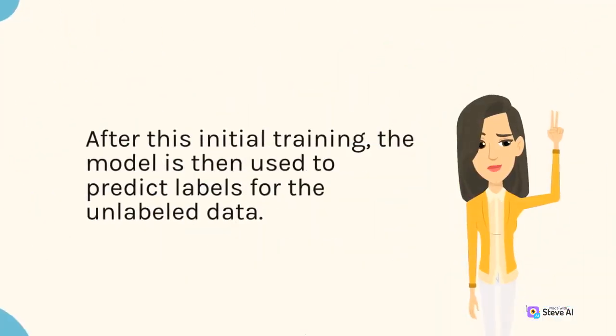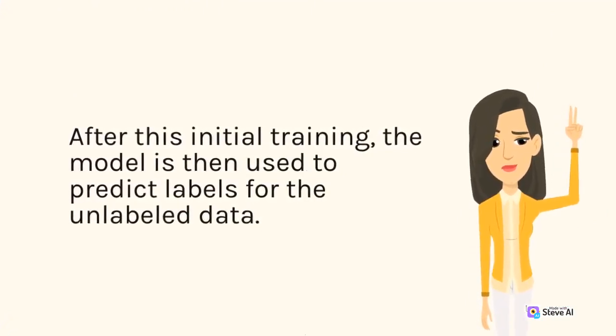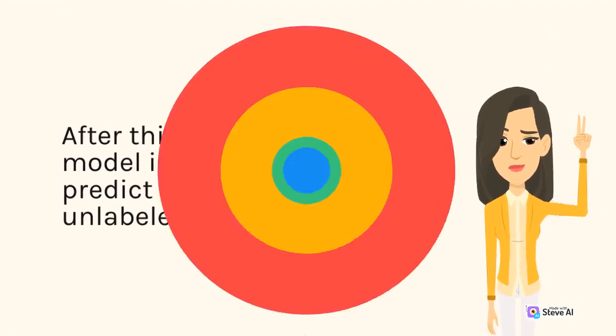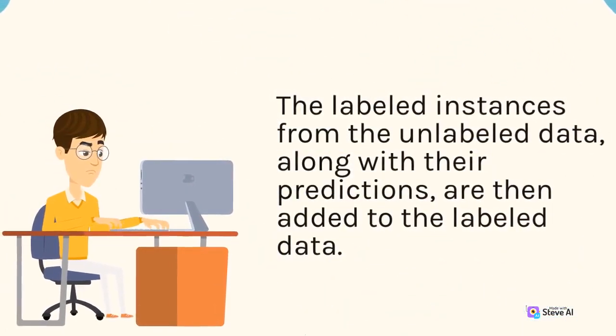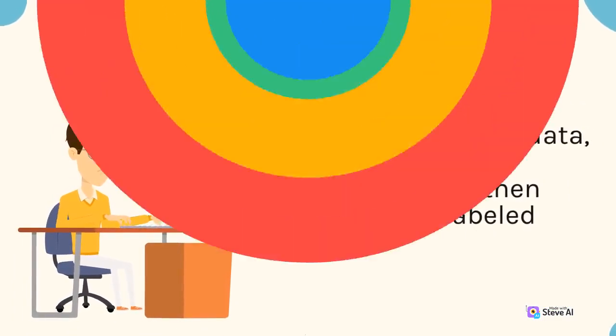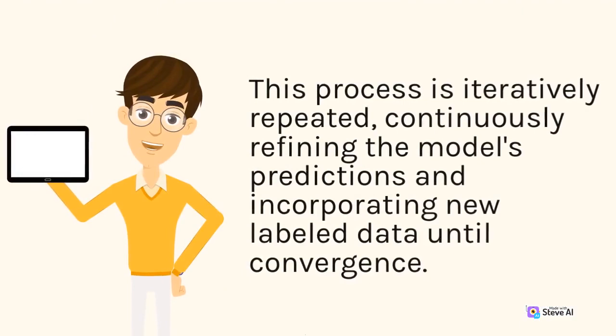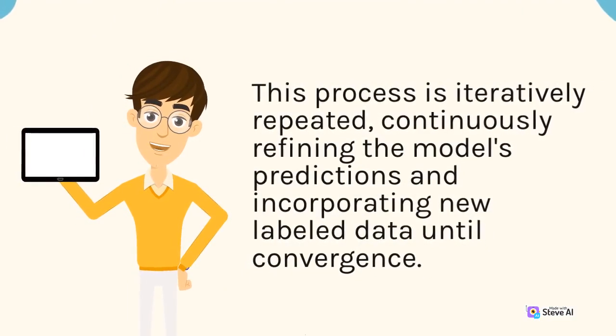After this initial training, the model is then used to predict labels for the unlabeled data. The labeled instances from the unlabeled data, along with their predictions, are then added to the labeled data. This process is iteratively repeated, continuously refining the model's predictions and incorporating new labeled data until convergence.